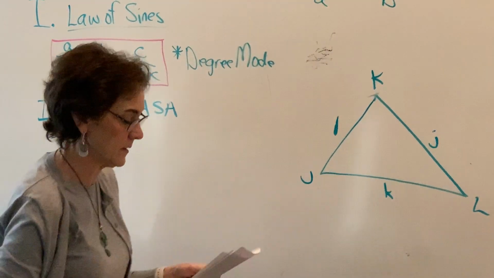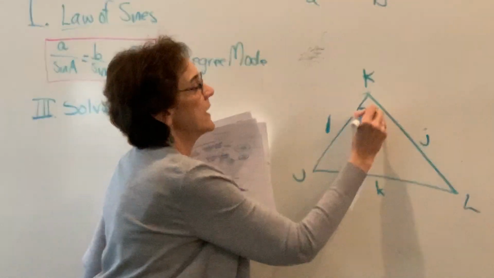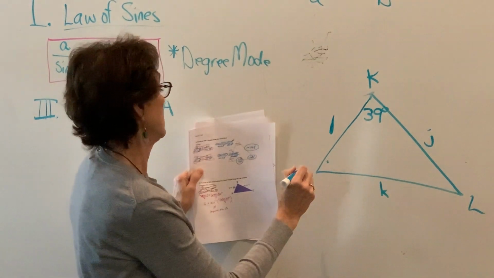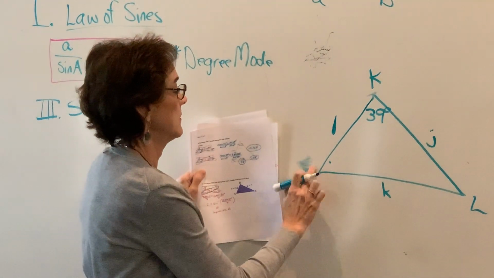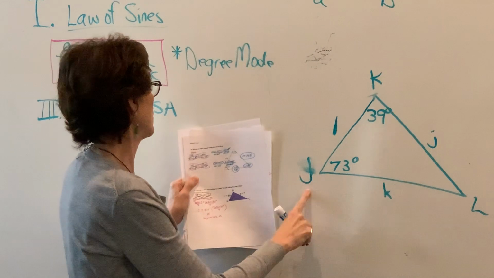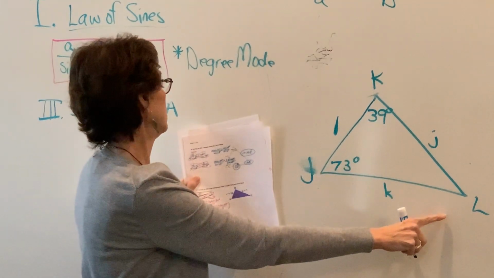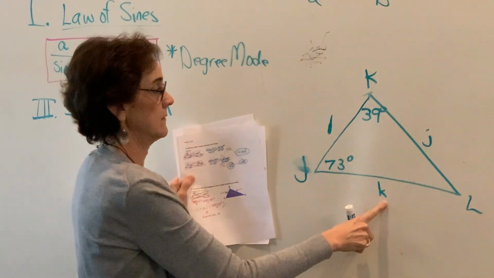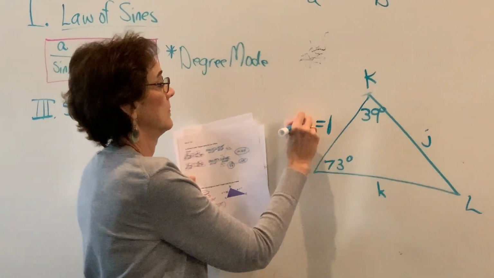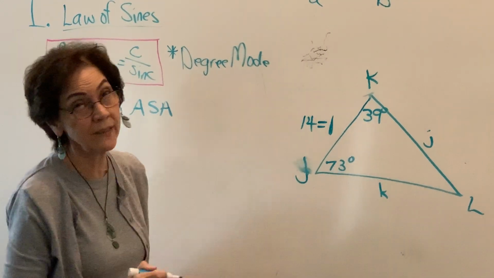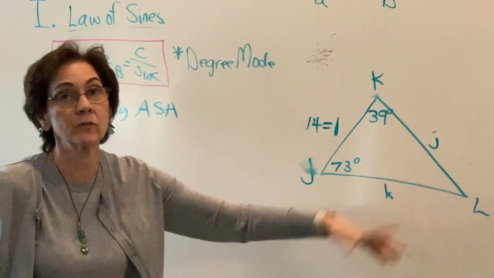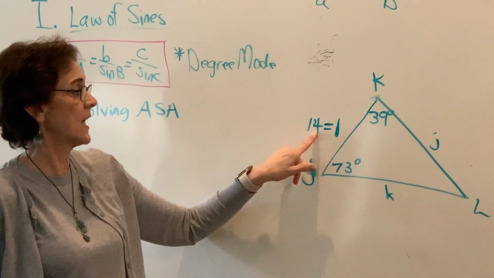What we are given is 39 degrees is the measure of angle K. 73 degrees is the measure of angle J, and we don't know L, we don't know J, we don't know K. So what we are given is L, 14. So this one is not side, angle, angle. Because this is a side, it would be angle, angle. That's not what this is. This is angle, side, angle.